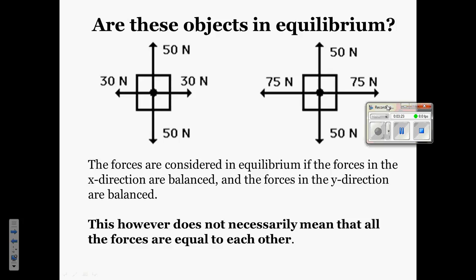And then if we look at the y direction, also called vertical, on the first diagram and the second diagram, our F of N is 50 and our F of G is 50. 50 minus 50 is 0, and so we end up getting a 0 net force.